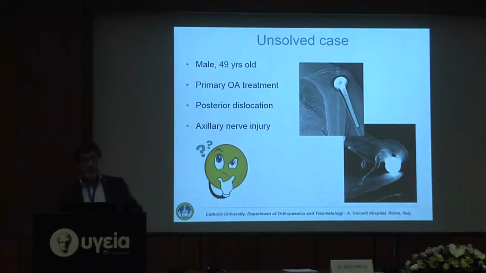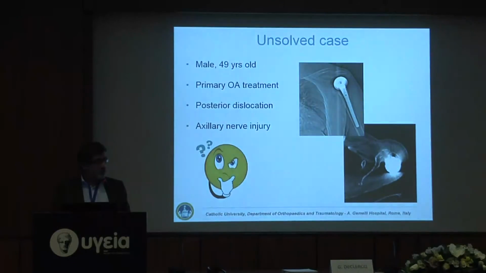And I want to finish my presentation with this, which for me is still an unsolved case. This is a very young man, 49. He was treated for a primary osteoarthritis. He had instability, a posterior dislocation of the implant, and he had an axillary nerve injury during surgery. So the patient presented to me with a locked, very painful shoulder, and by now it's not possible to convert it to a reverse.